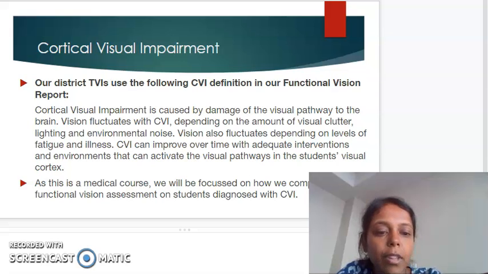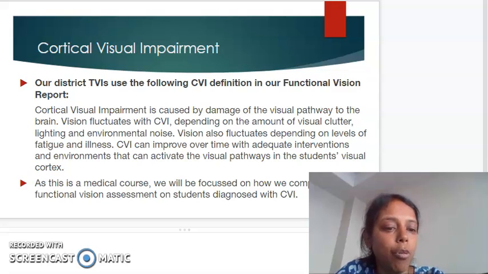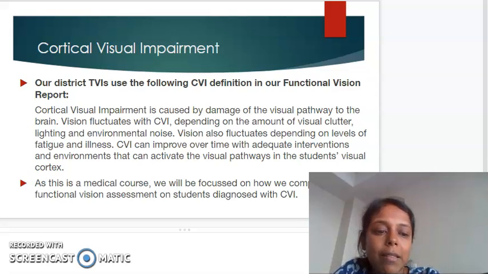CVI can improve over time with adequate interventions and environments that can activate the visual pathways in the student's visual cortex. A couple of years ago, I had the good fortune of getting a student who was diagnosed by Dr. Christine Roman herself. I happened to look at one of her reports that she had given and passed on when the kid moved to Colorado. That gave me a great overview, and this is one of the definitions that I took from her report.